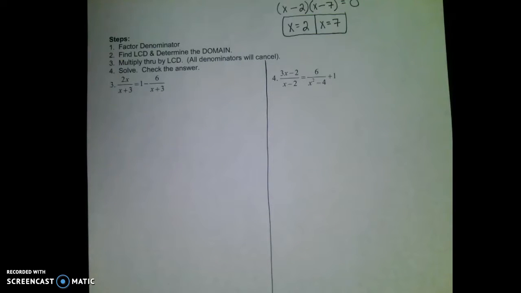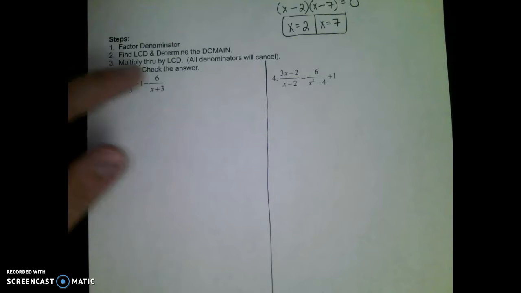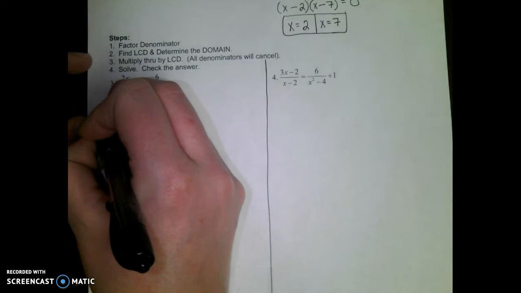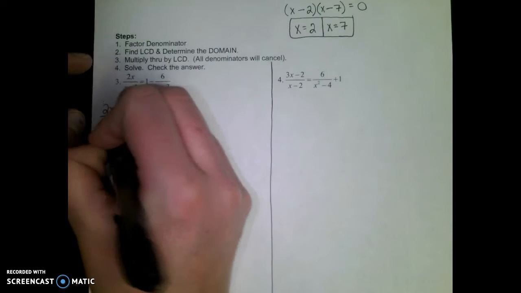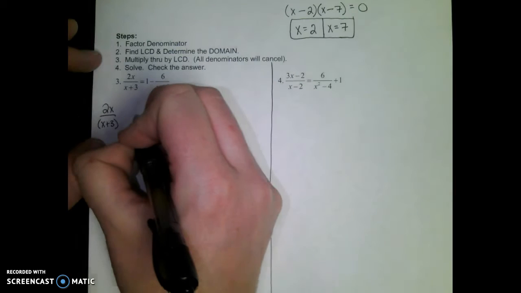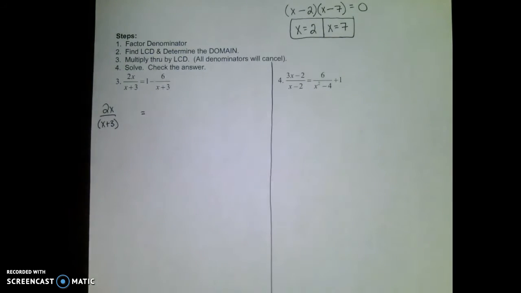When we have rational equations where there's fractions and whole numbers or multiple fractions being added or subtracted, we need to use a shortcut called the least common denominator. And that sounds a lot more difficult than it actually is. Your first step is going to be write this out, kind of spread out, and if any denominator needs to be factored, factor it.